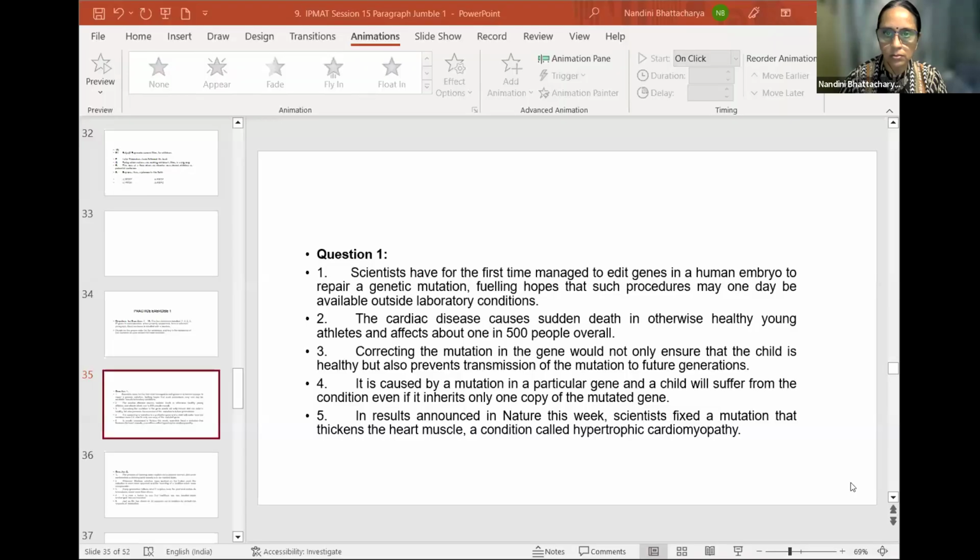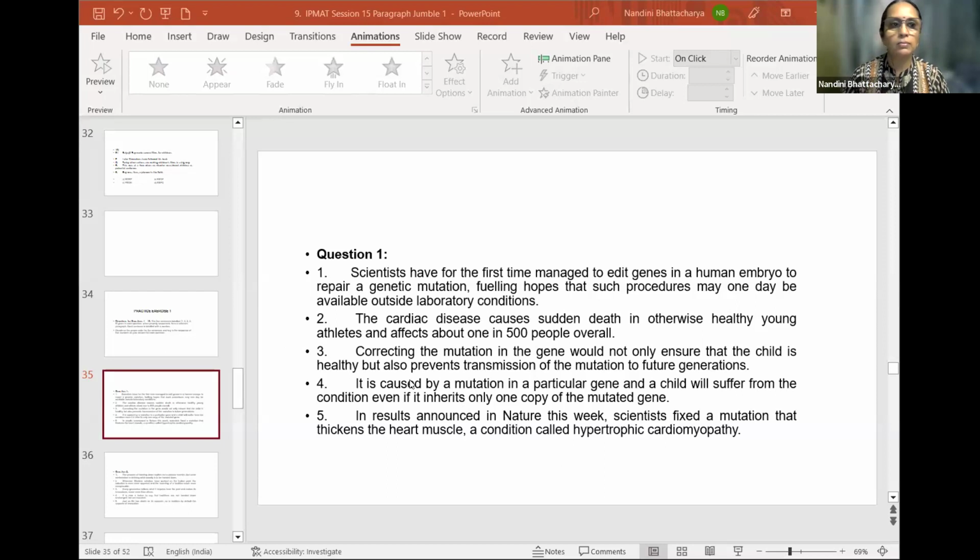Okay, I think we will do a couple of the questions which did not have options given to you at all. So these are some of the questions which don't have options given to you. So you have to use your strategies to figure out the answer.